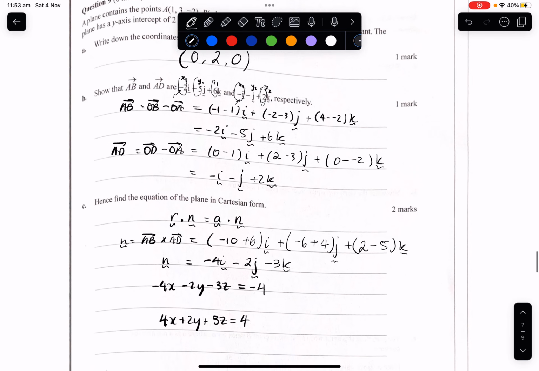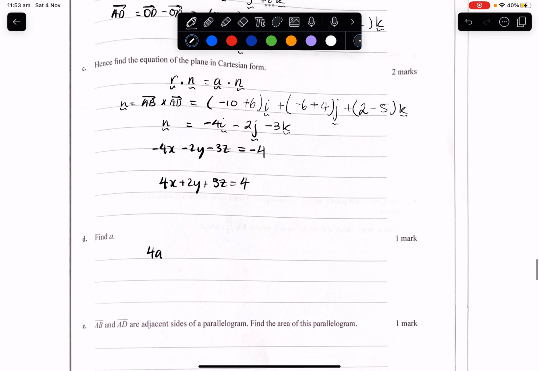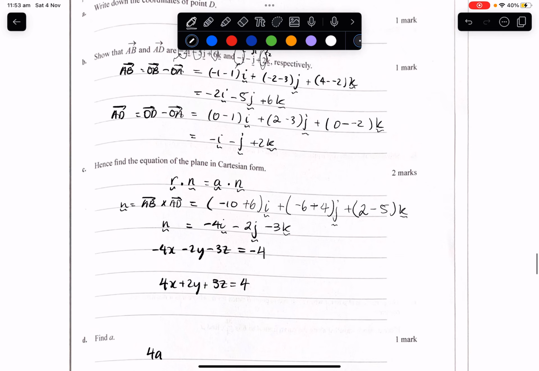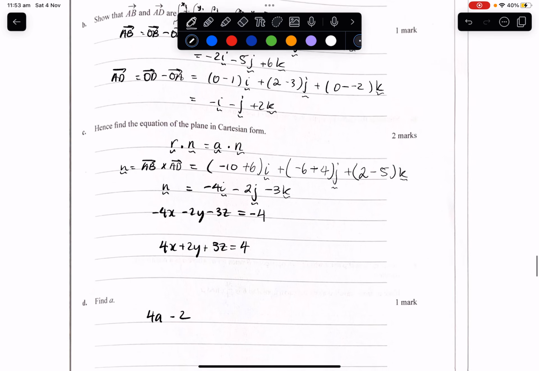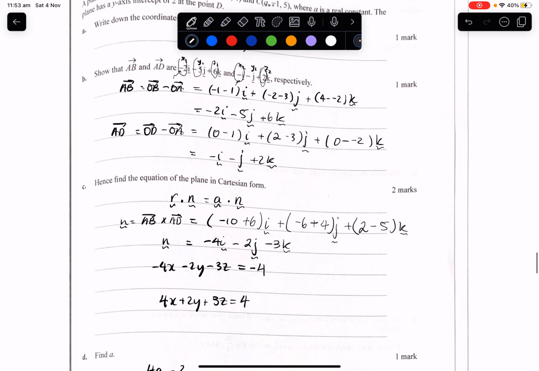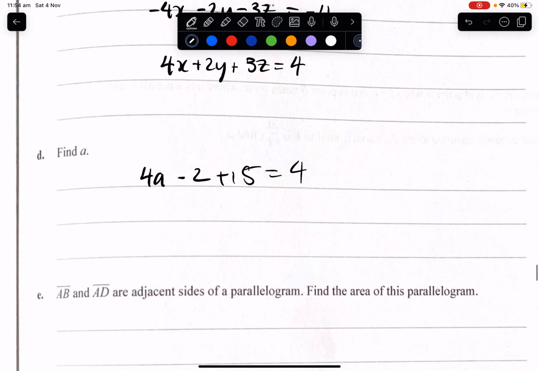Find a. So that means A lies on that plane. So 4a minus 2 plus 5 times 3, so plus 15, is equal to 4. And that means 4a is equal to 4 minus 13, which is negative 9. a is negative 9 on 4, I think.